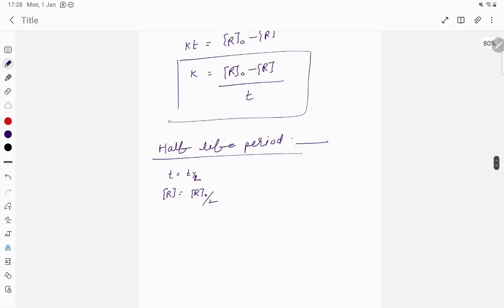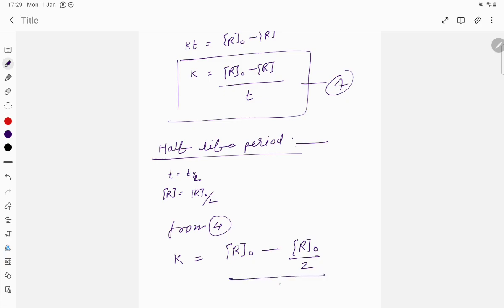From equation 4, k is equal to R naught minus R upon t. R naught stays as it is, R is R naught by 2, and the total time is t1 by 2.